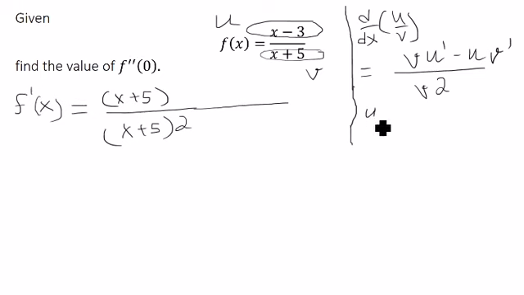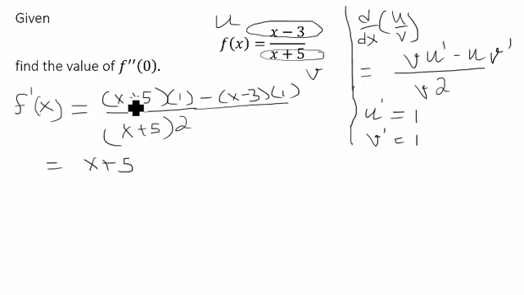So u prime, u is x minus 3, so u prime is 1. Similarly, v prime, because v is x plus 5, again v prime is 1, because we're basically differentiating x. The constants will become 0. So this is going to be 1 times x plus 5 minus x minus 3 times 1. Simplifying this, we get x plus 5 after opening these parentheses with the 1, minus, and then here we have to open the parentheses with the minus sign.